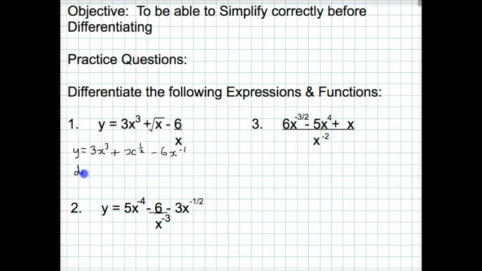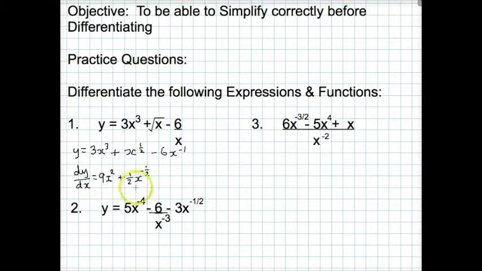Now this is in a much better format. Now we can differentiate it, so write down dy/dx. The first term, 3 times 3 is 9, so this becomes 9x, reduce the power by 1, so it's 9x squared. Second one here, take the half to the front, times it by the 1 that would be there, so this now becomes half x, reduce the power by 1, it goes to the negative a half.